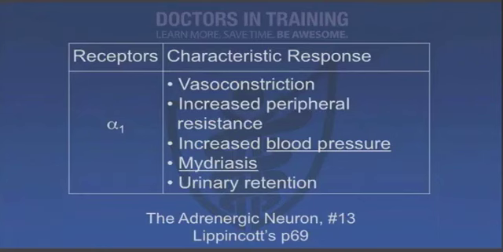And finally, they're integral to the process of increasing the closure of the internal sphincter of the bladder. I mean, fight or flight, you're going to take off running and you don't have time to pee in your pants. All right.